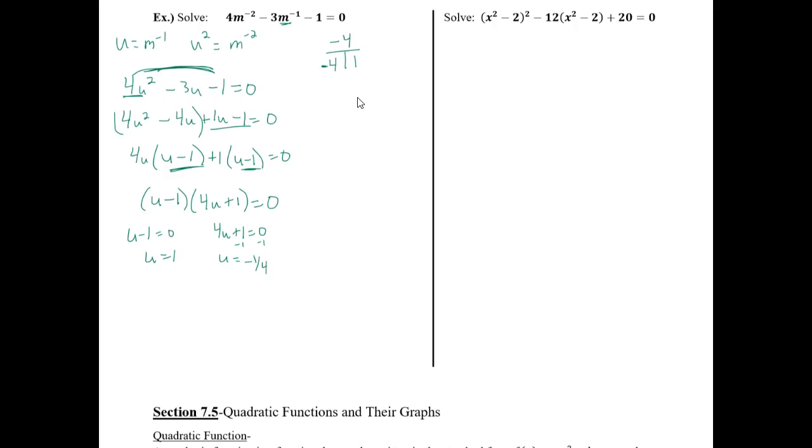Don't stop. We're not done yet. We're not solving for u, we're solving for m. So I have to replace u. So u equals m to the negative 1 power, so I'm going to replace u with m to the negative 1 power.